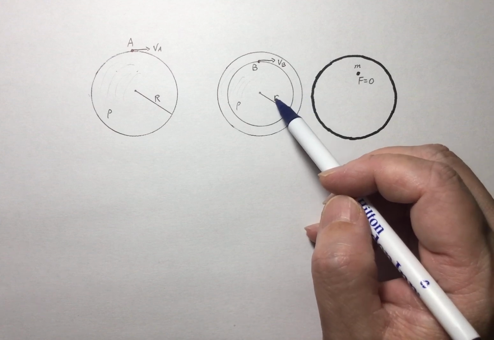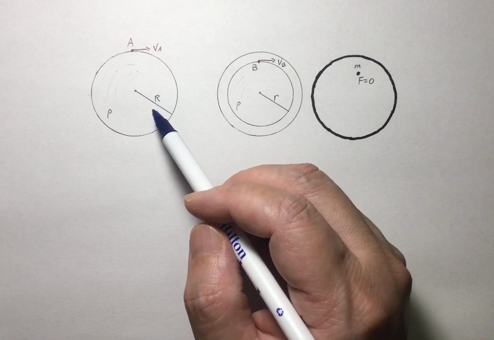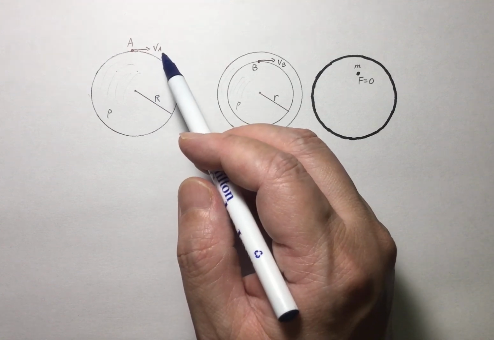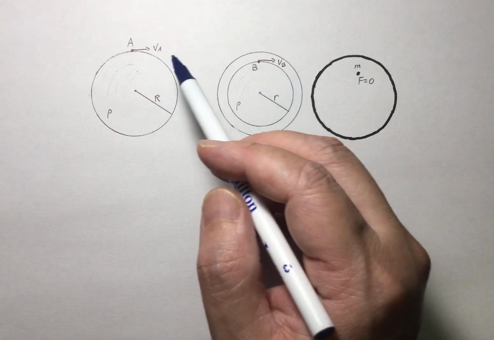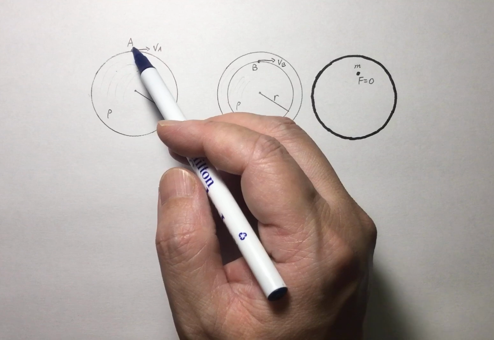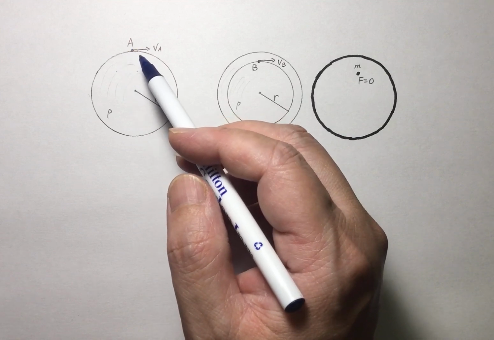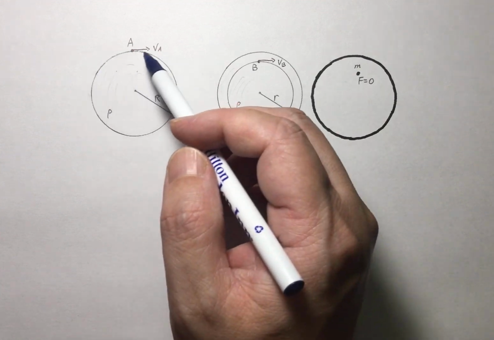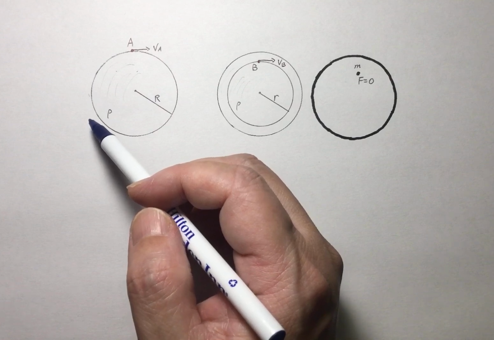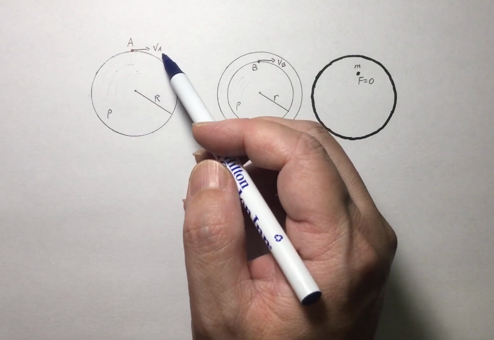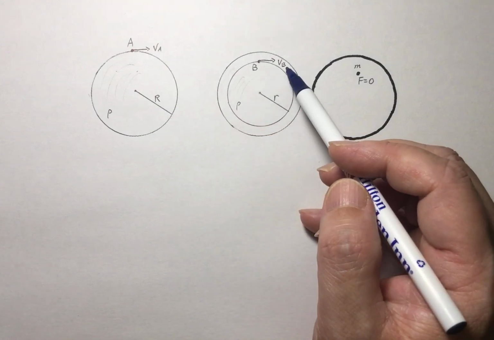And lowercase r is smaller than capital R. So we want to know the relation between VA and VB, and then the relation between the periods of the satellites orbiting this spherical cloud of dust. So we want to compare TA and TB.